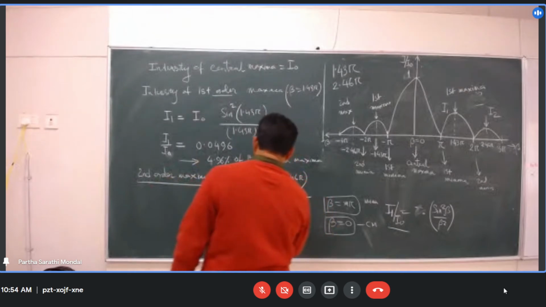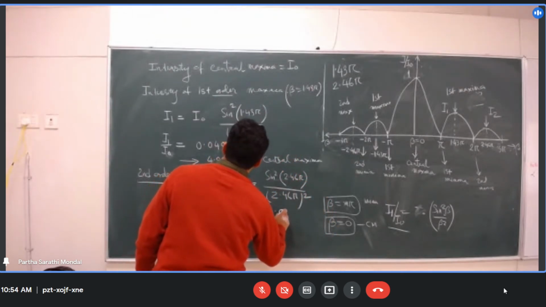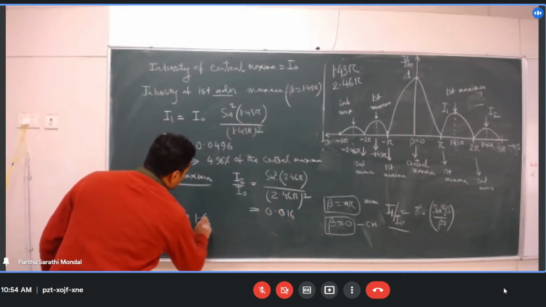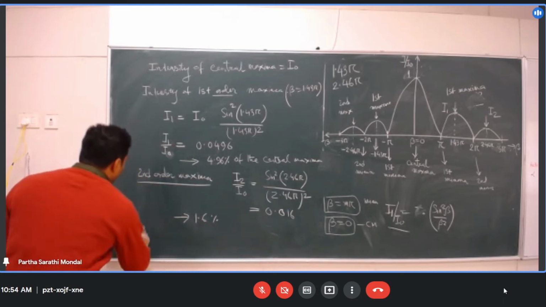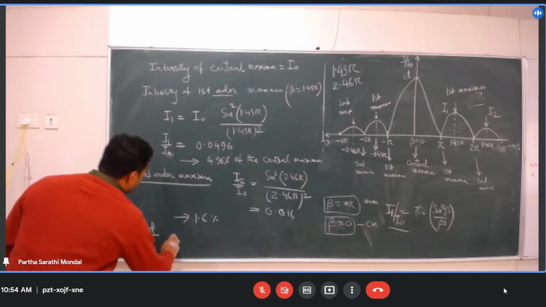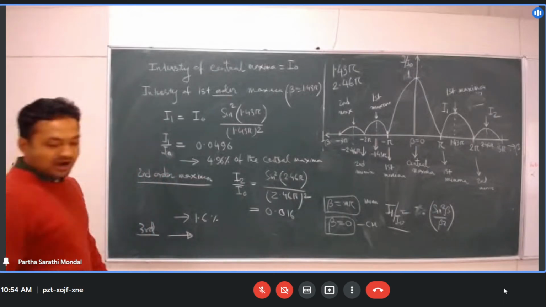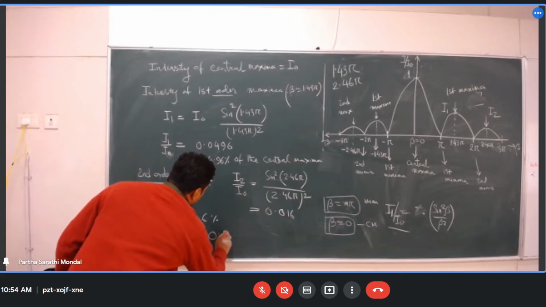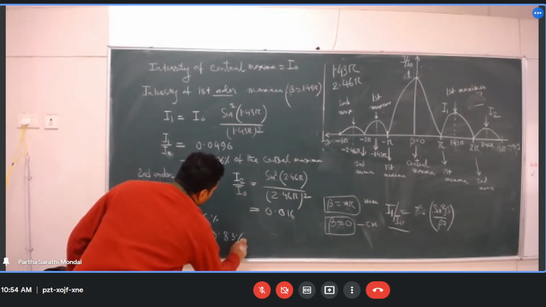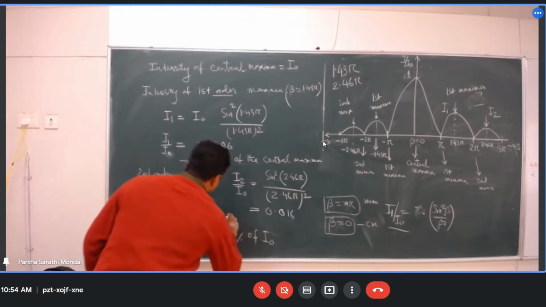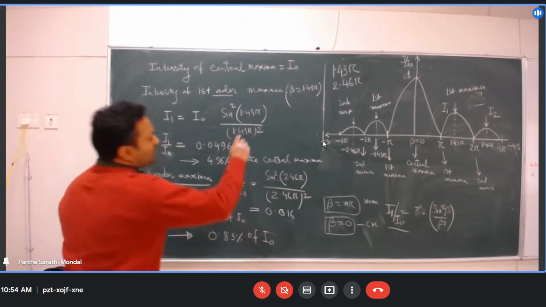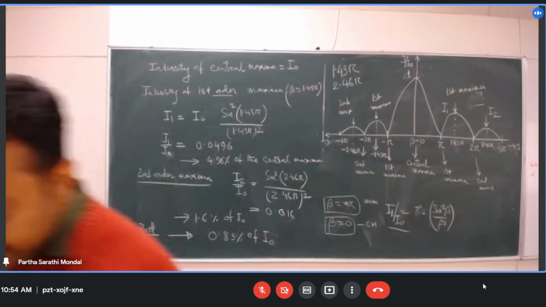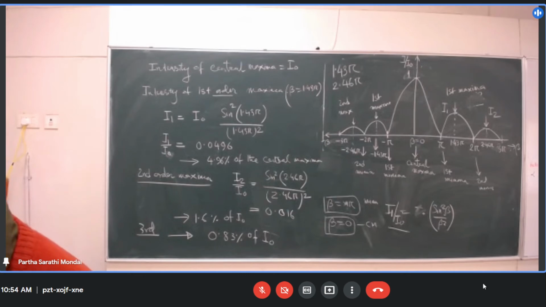So this will give you 0.016, that means 1.6%. The third is even smaller, about 0.83% of I0. So that is how it gradually decreases. That's all for the first order single slit diffraction pattern.